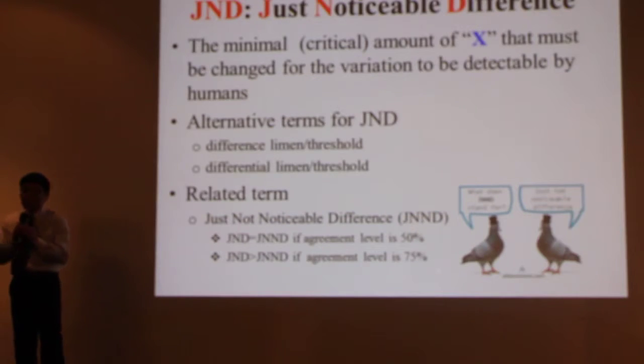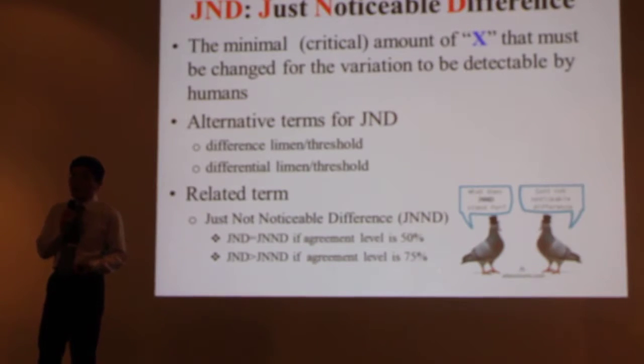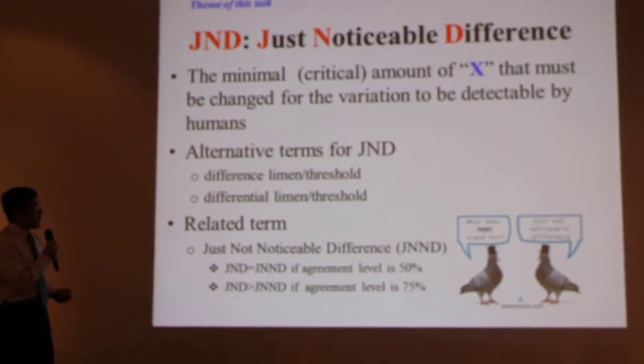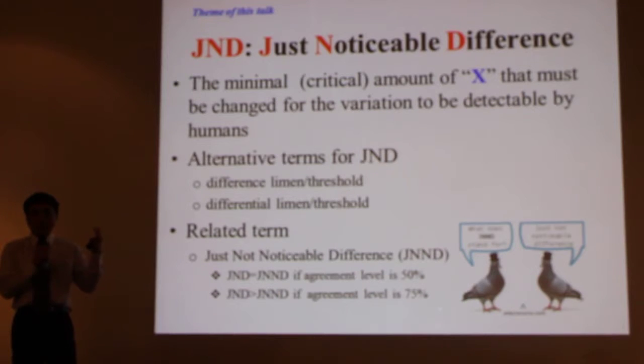Firstly, I will tell you what is just noticeable difference, JND for short. Suppose we have a certain signal x. Then we can change this x by certain amounts.